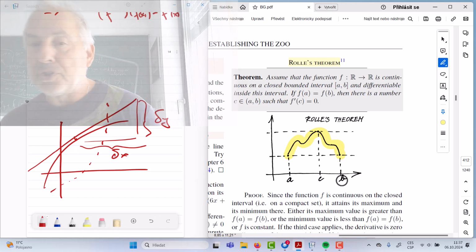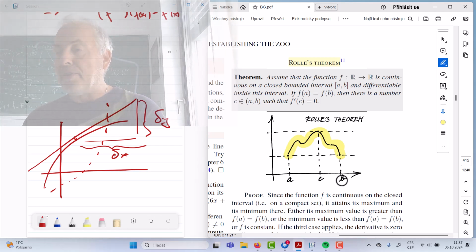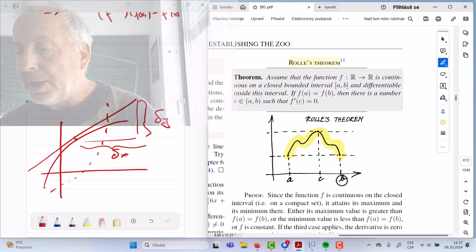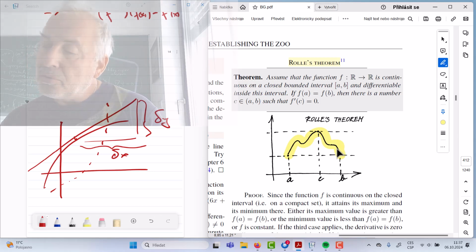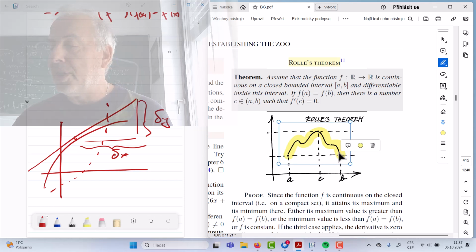It's not necessary to have it differentiable in the sense of the C1 category, as I was talking about in the beginning. We just need to see the derivative to exist at each point, and we want the function to be continuous in the ends of the interval, in the boundary points.